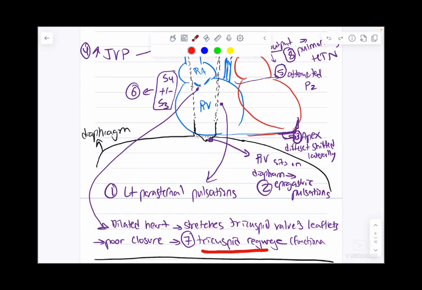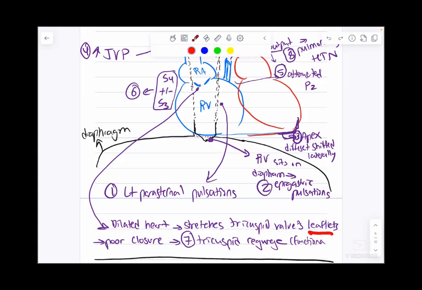There's tricuspid regurgitation, functional. It's functional. So how does a regurgitation happen? Well, the heart usually doesn't only hypertrophy, but it also dilates. Once the heart dilates here and here and here, everywhere basically, this causes the tricuspid valve to stretch.